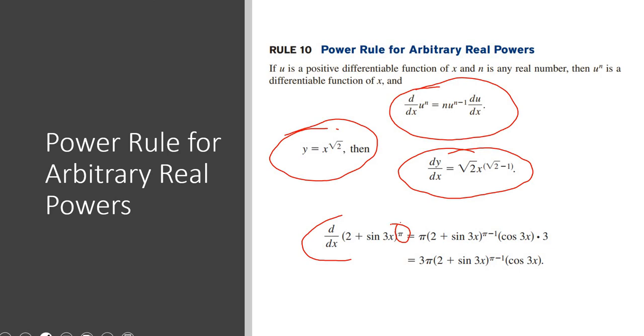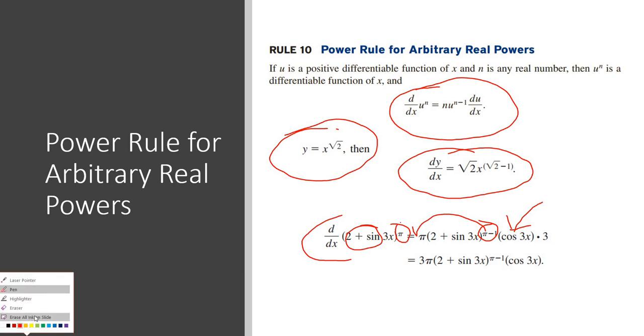The power rule would still apply, so we can pull it out in front here when taking the derivative, and just have a pi minus 1 here at the top, and then, of course, here we can see that they applied the chain rule as well. The derivative of the inside function times the derivative of the outside function. But don't overthink this.